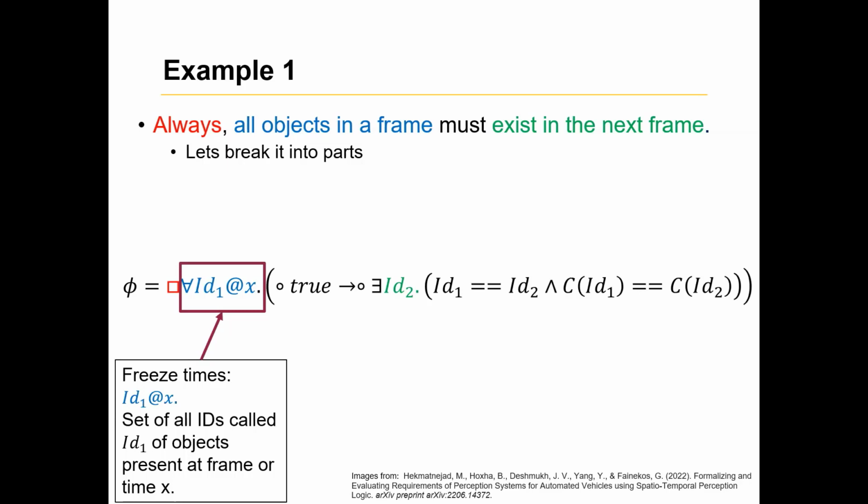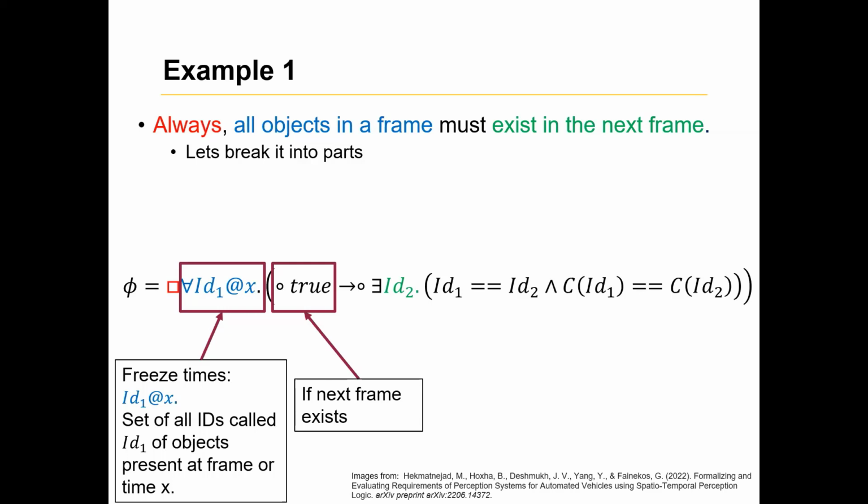Since we are dealing with frames and the next frame, we basically want to freeze frame. That's why we have freeze frame at time x. So we say that always there exists a set ID once at frame x. And the next part is, if the next frame exists, that's why we have a next operator there, the circle.